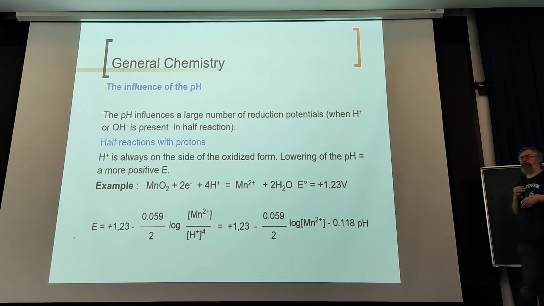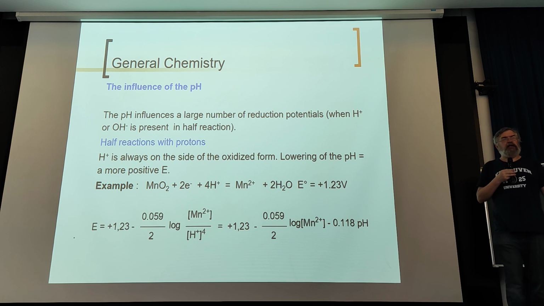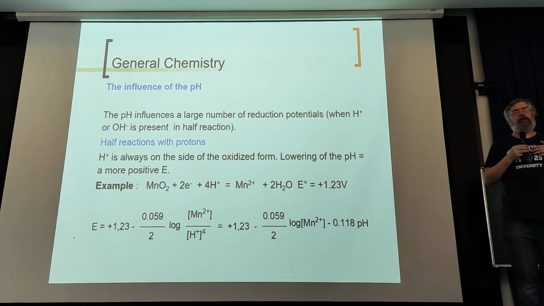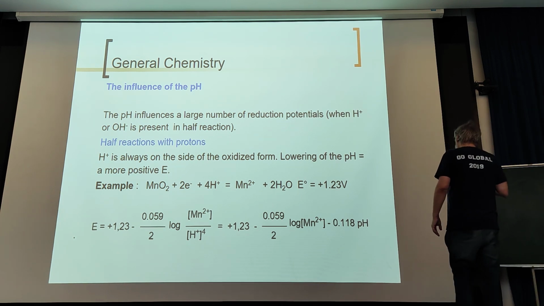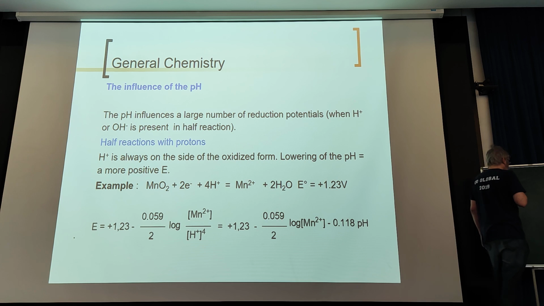Now there's also an influence of the pH. And if you look at table 11, you will see that there are a number of columns. In the first column you see the species. In the second column you see the value at acidic pH, and on the other side at basic pH.